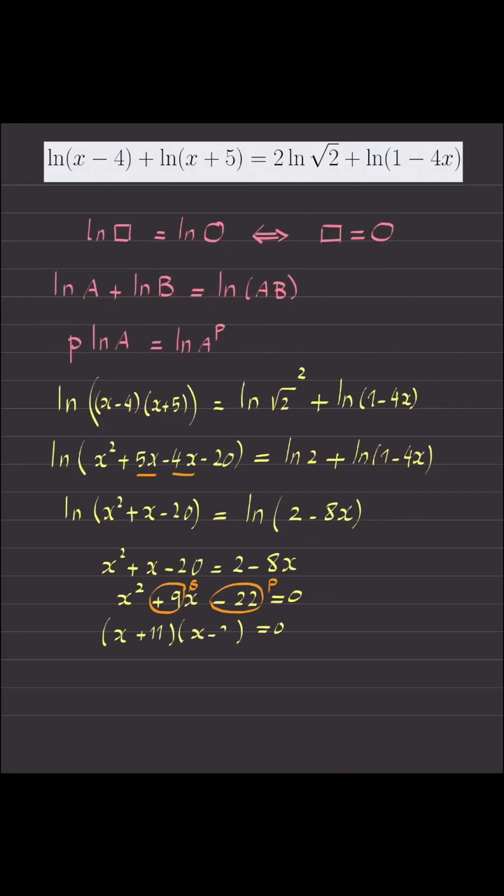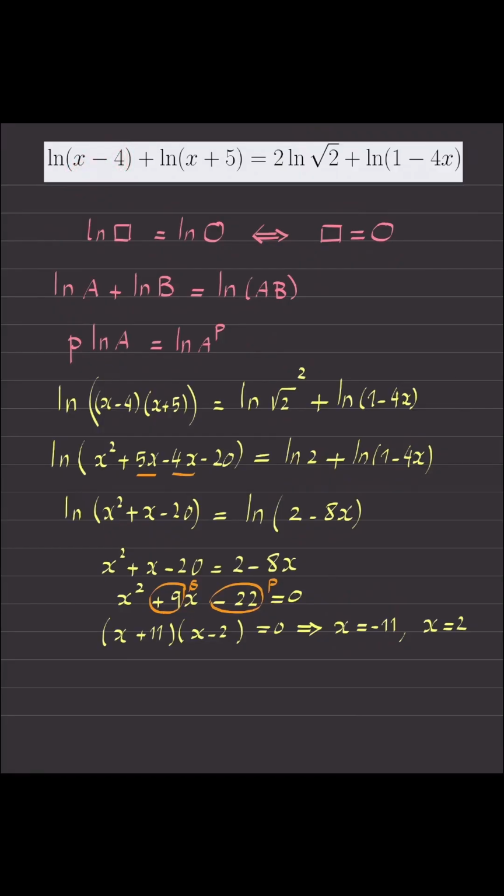So this means that either x is equal to minus 11, or x is equal to 2. But by the experience you got during the lesson, you know that one or two of these solutions might be false roots. We have to check them. It is obvious that minus 11 is not working. Why? If I put minus 11 here, minus 11 minus 4 is minus 15, and ln of minus 15 is not defined.